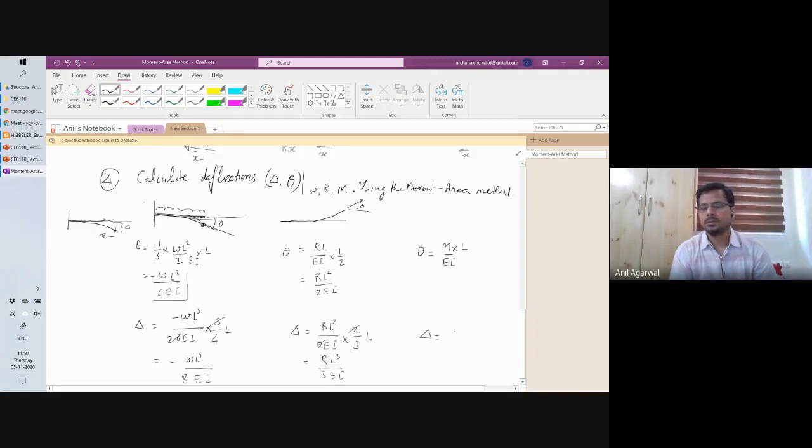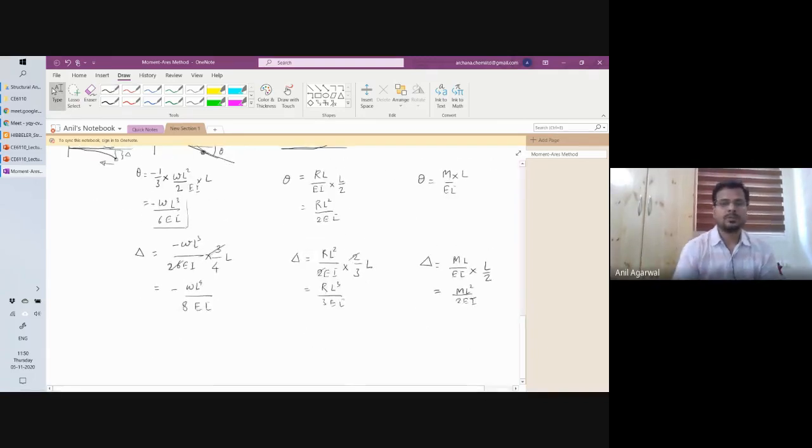Likewise, delta here will be M L by EI, the area, multiplied by L by 2, the centroid distance. So I get M L square by 2 EI. Okay? Everybody on board? Any challenges so far? So what we can say is that this theta is because of W, this theta is because of R, and this theta is because of M. Likewise, this delta is because of W, this delta is because of R, and this delta is because of M. Okay?